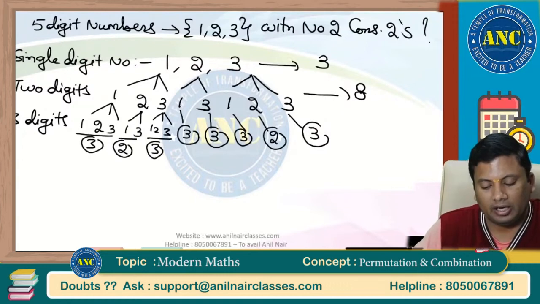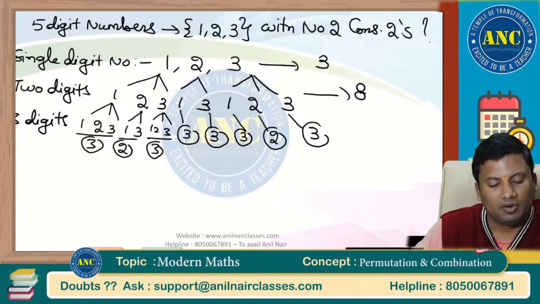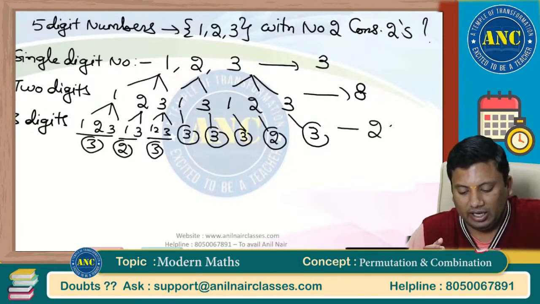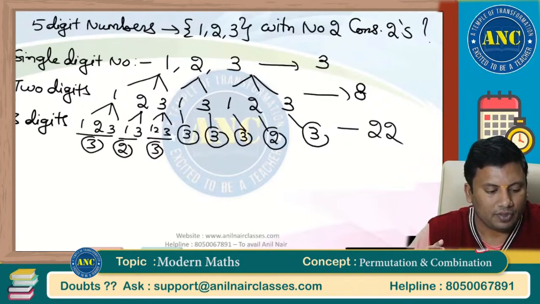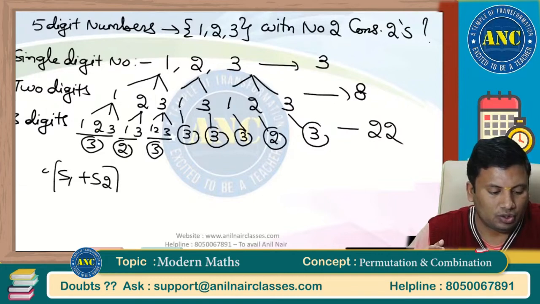These are nothing but 3 plus 2, 5. 5 plus 3, 8. 8 plus 3, 11. 14, 17, 20, 22. So these are nothing but S1 plus S2 into 2, it is nothing but S3.